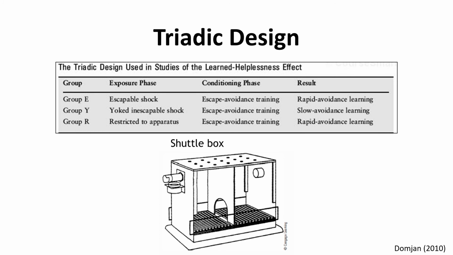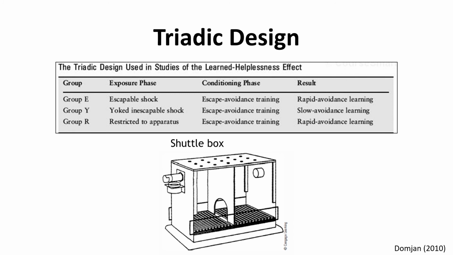Group Y is a yoked group where they're basically partnered. So individual 1 from group E is partnered with individual 1 from group Y. And whenever individual 1 in group E receives a shock, so does the individual in group Y. But nothing that the individual in group Y does is going to change the occurrence or duration of that shock.